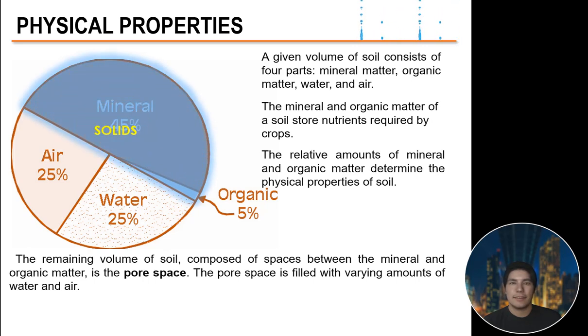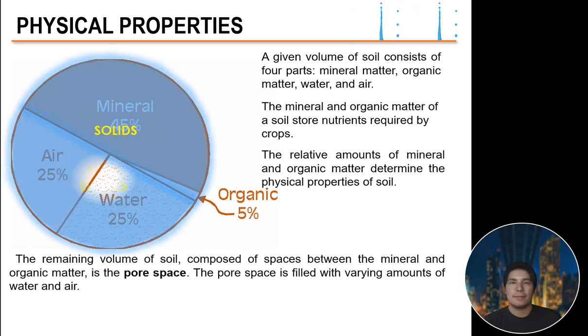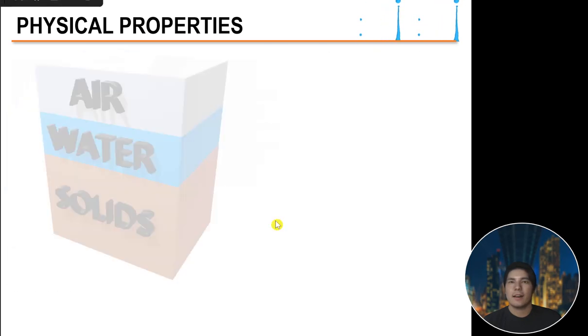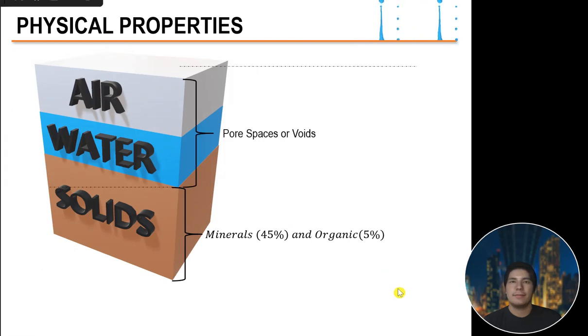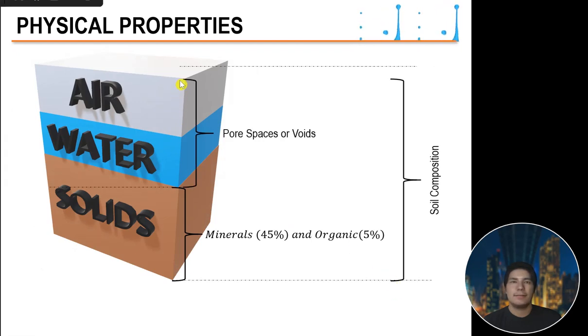Okay, so yun yung solid particle natin. And ito naman yung pore spaces natin. And so dito sa solid, meron tayong mineral which is 45% and organic. And then dito yung air at saka water, ito yung mga pore spaces natin or voids. So all in all, ito yung soil composition natin.